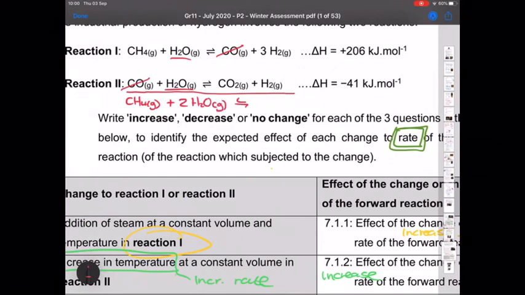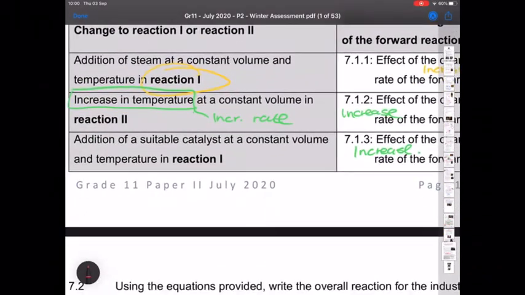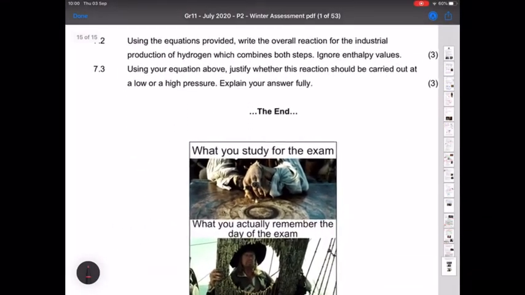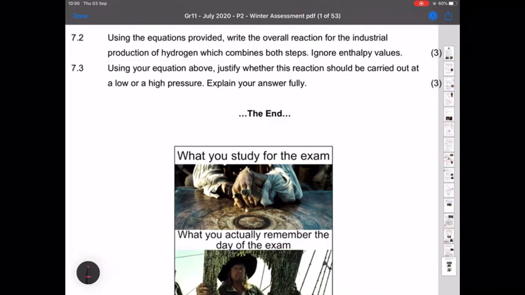In equilibrium with 3 hydrogens plus 1 hydrogen gives us 4 hydrogens in the gaseous phase, plus 1 carbon dioxide in the gaseous phase. Done, 3 marks.